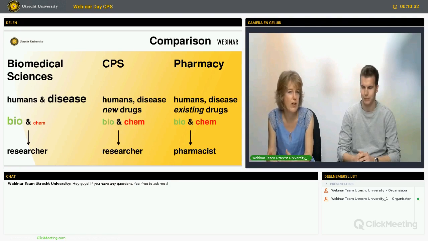So you learn more about which drug is preferred, what you should advise the patient, what dosages are prescribed. Because both CPS and pharmacy teach you a lot about drugs, there's a 50-50 balance between biology and chemistry, whereas biomedical sciences has a higher component of biology. And then CPS and biomedical sciences train the students to become a researcher, and pharmacy teaches students to become a pharmacist.